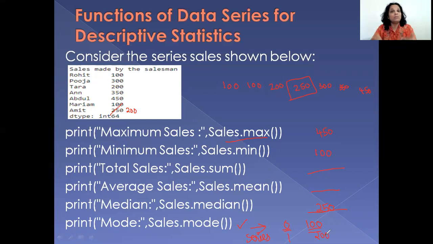Reason being, there could be more than one element whose frequency or the number of times it appears could be the same. In all the other cases, you're just getting a single value, floating point value or an integer value. But in this scenario, mode returns to me a series itself because there is a possibility that there could be more elements which are repeated the same number of times.